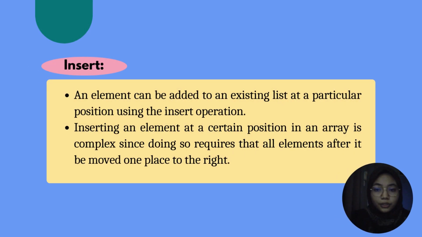So now let's move on to the next one, which is the insertion operation. Insertion operation is basically used to insert an element at a particular position in the existing list. Inserting an element in the last position of an array always seems easy, but to insert an element at any position is quite difficult because it requires pushing the entire array down one position to make room for a new element.